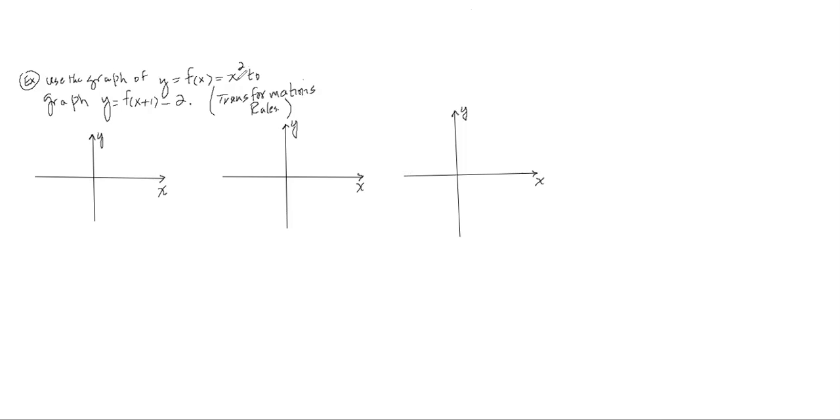So if I were to graph x squared, when x is 0, y is 0. When x is 1, y is 1. When x is -1, y is 1. And so that's a parabola. Just like that.